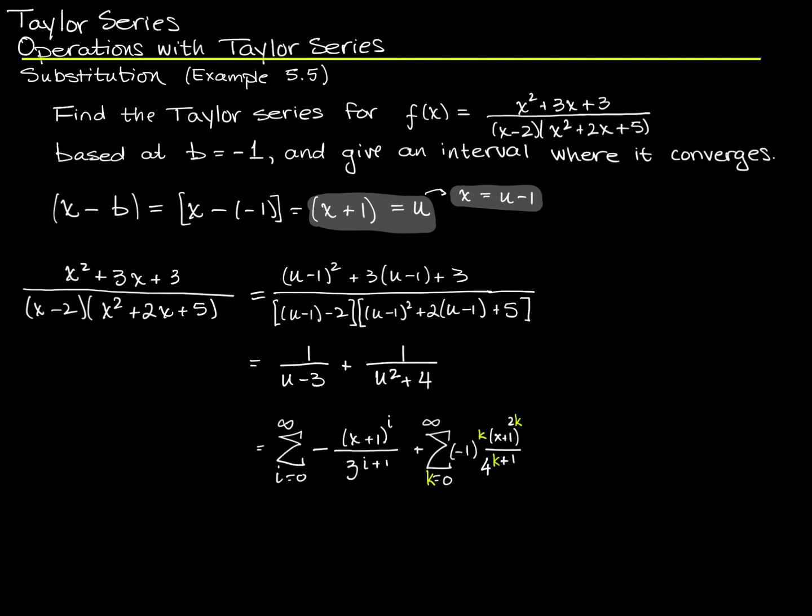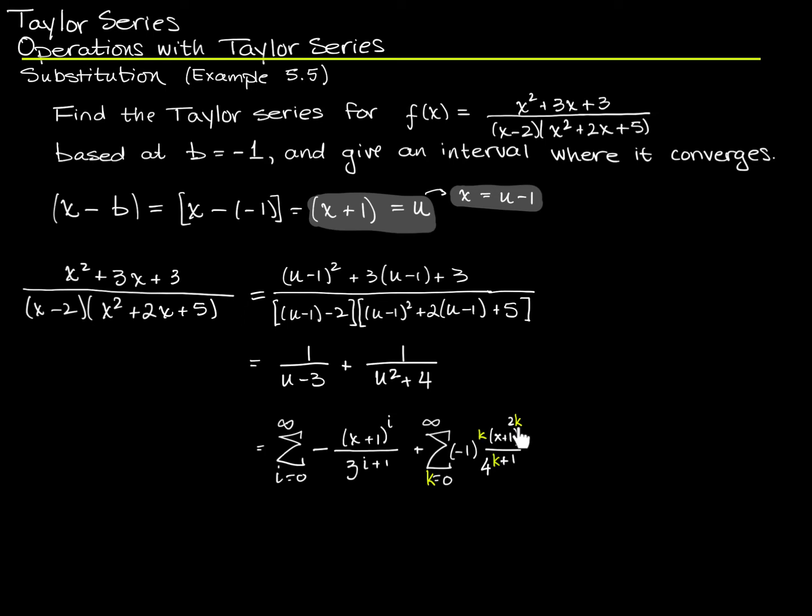The problem is that this sum here uses every factor, x plus 1 to the 0, x plus 1 to the 1, x plus 1 to the 2, whereas this sum only uses every other factor.